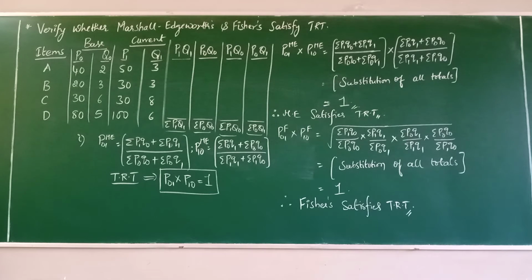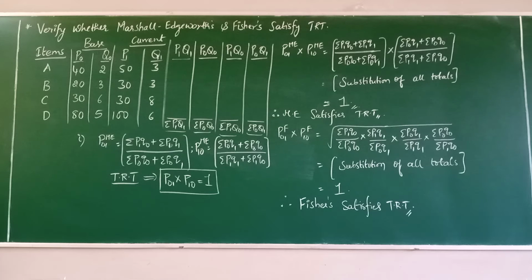One thing: verifying does not mean just writing the formula and directly showing 1. You are not supposed to do that, remember. After taking the formula and applying the TRT condition, you need to substitute the values and prove that it equals 1.